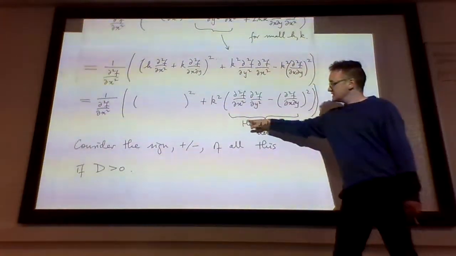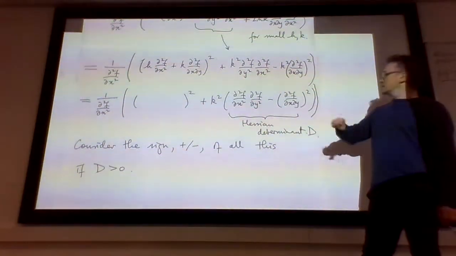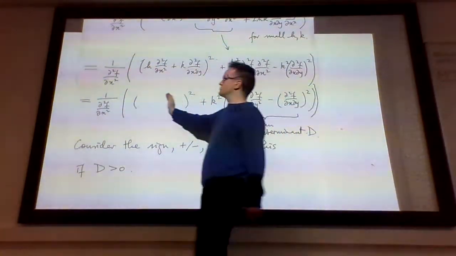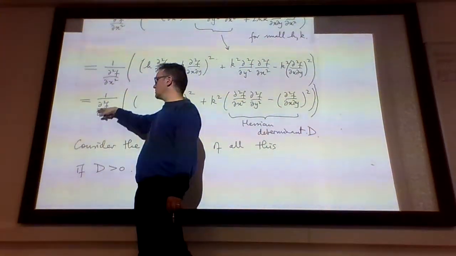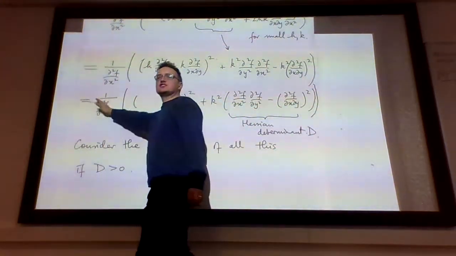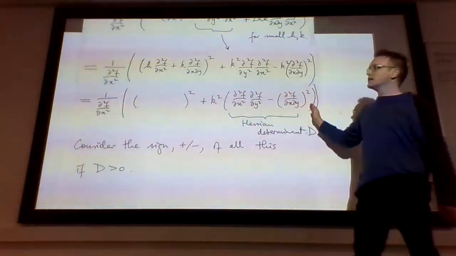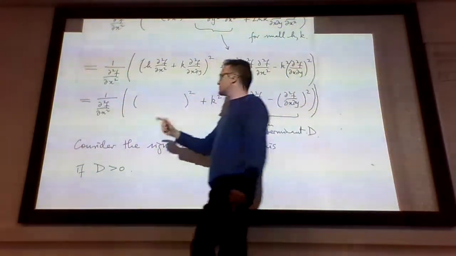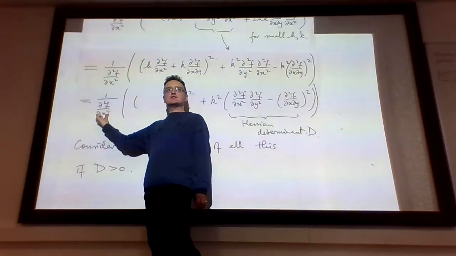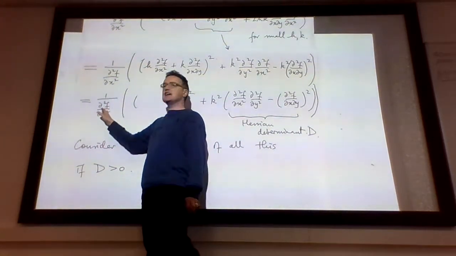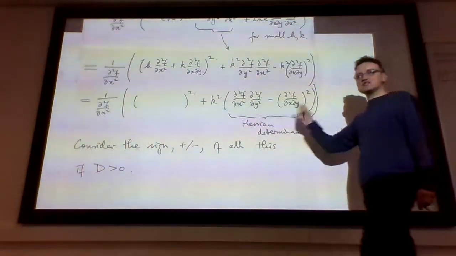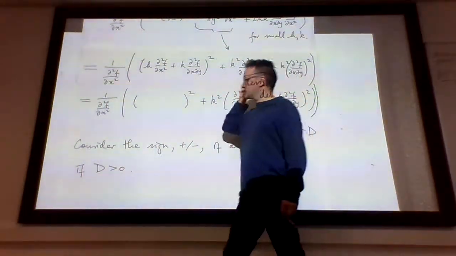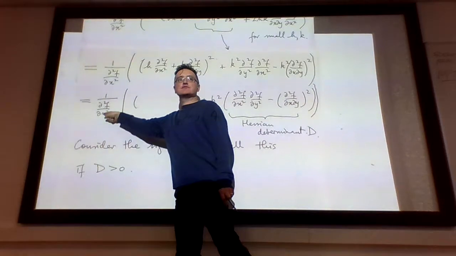So if the Hessian determinant part is positive, then this whole bracket here is positive, and it's multiplied by the reciprocal of d2f dx squared. So the sign of this whole thing will be equal to whatever the sign of this is, because it's this thing multiplied by something positive. So what sign it is, whether positive or negative, just comes down to the sign of this.